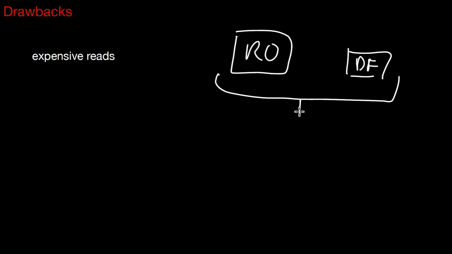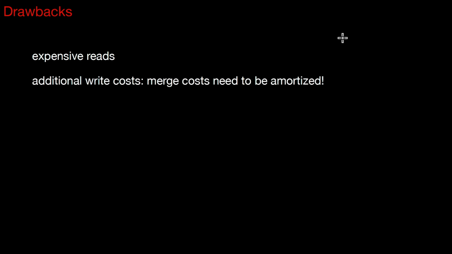Again, it depends a lot on the physical organization of the structures, but on the high level it's important to understand that if you only look at this structure, you won't consider the changes that were collected in the differential file. So whenever you query a differential file structure, you have to query both the read-only file and the differential file. Only then do you get the most recent version. That is why reads may be expensive.